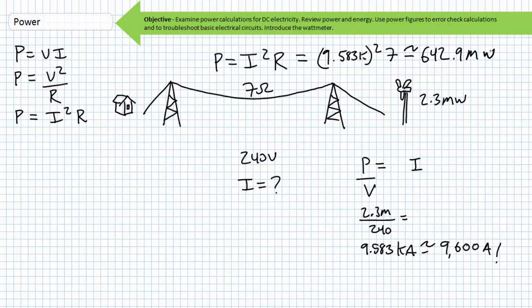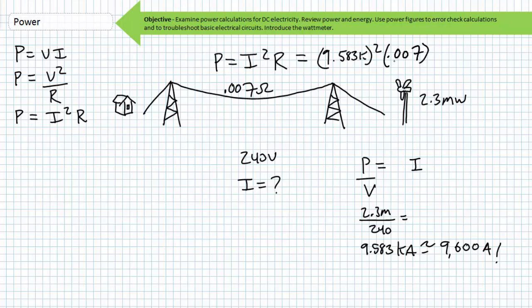What if we use the world's most expensive transmission line, composed of a fat, heavy, expensive silver conductor with only 7 milliohms, or 0.007 ohms of resistance?